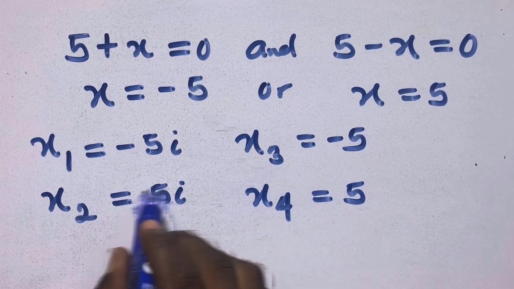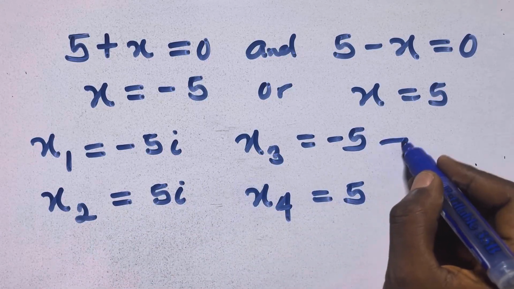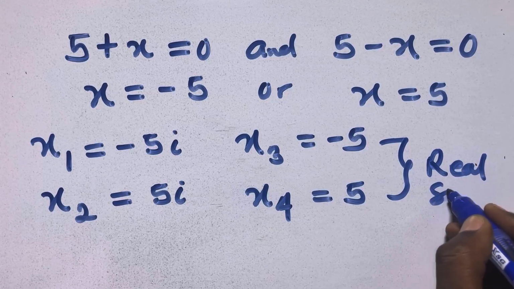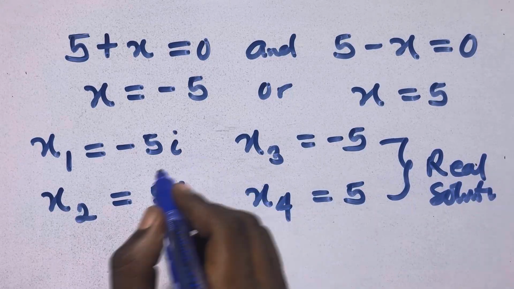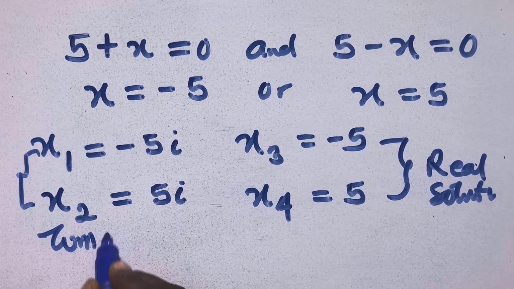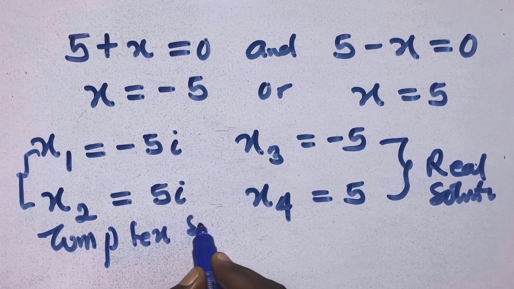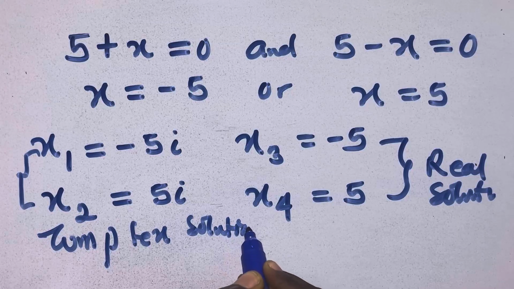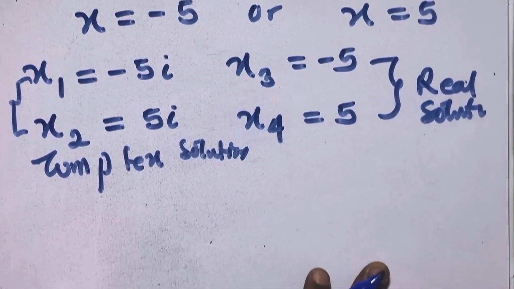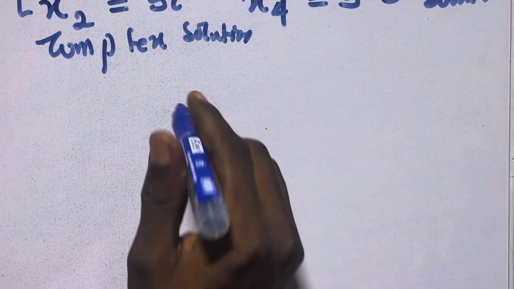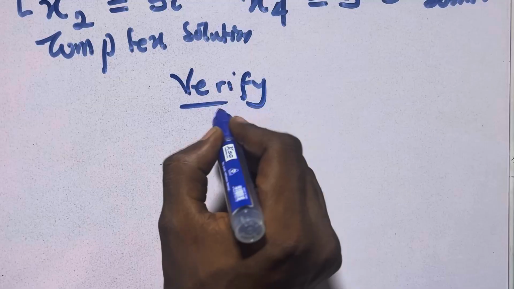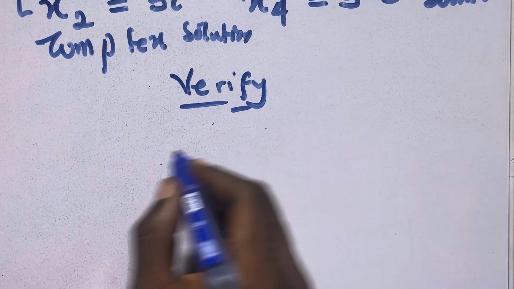All right, so we have 4 solutions, 2 real solutions and 2 complex solutions. So these are our real solutions, and these are our complex solutions.